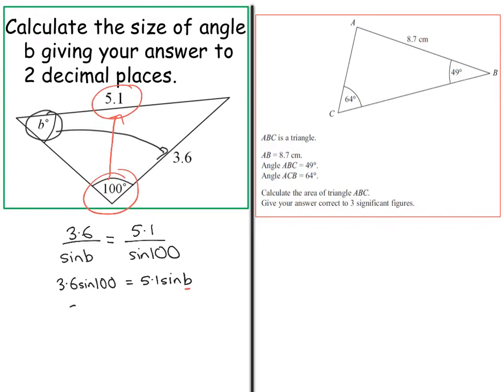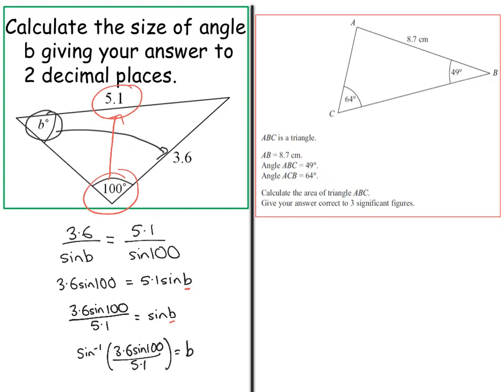So if we divide both sides by 5.1, we'll have 3.6 times sine 100 divided by 5.1 is equal to sine of B. And then we just want the B on its own, we don't want sine of B. So we're going to use arcsine or inverse sine. So we can say inverse sine of all of this side divided by 5.1 is equal to B.